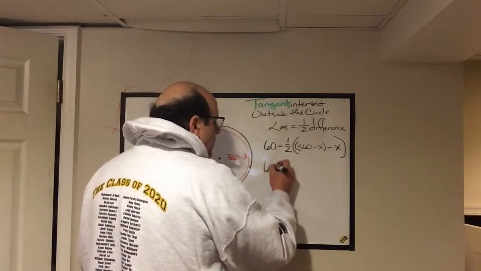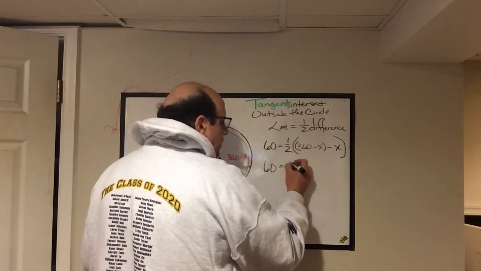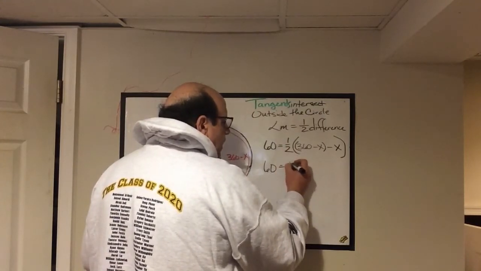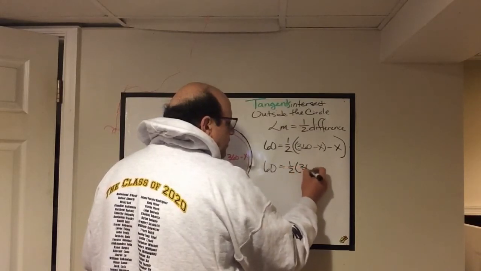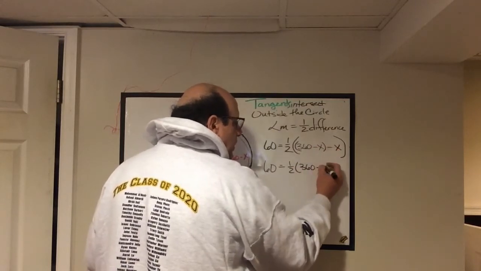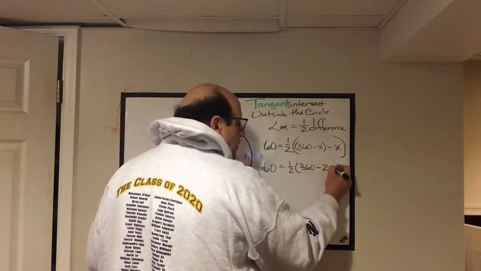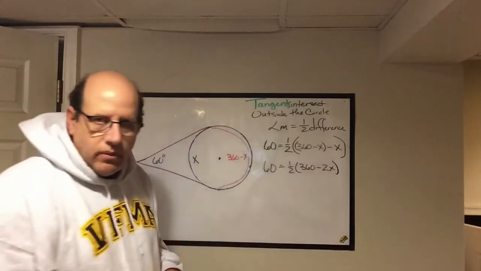I'm going to rewrite my 60. I don't need to get rid of my half. And I am going to just put together the like terms for now. 360 minus, because minus x and minus x is minus 2x. Okay? And now I can distribute.